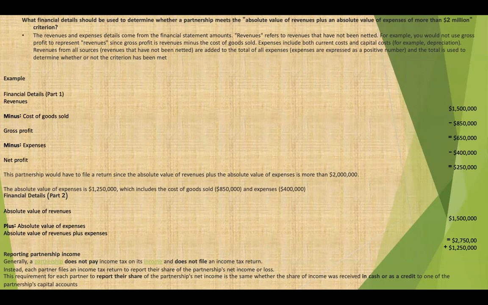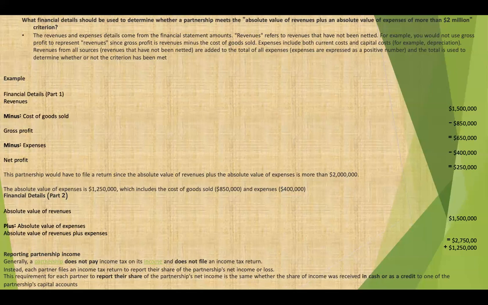For example, you will not use gross profit to represent revenue since gross profit is revenue minus cost of goods sold. So expenses include both current cost and capital cost. For example, depreciation. Then for revenue from all sources, revenue that have not yet been netted, they are added to the total of all the expenses, and the total is used to determine whether you meet the criteria or not.